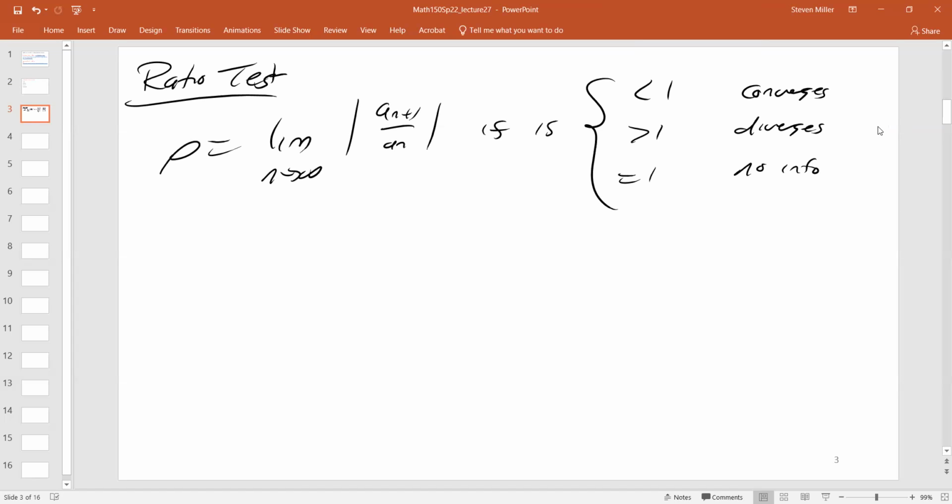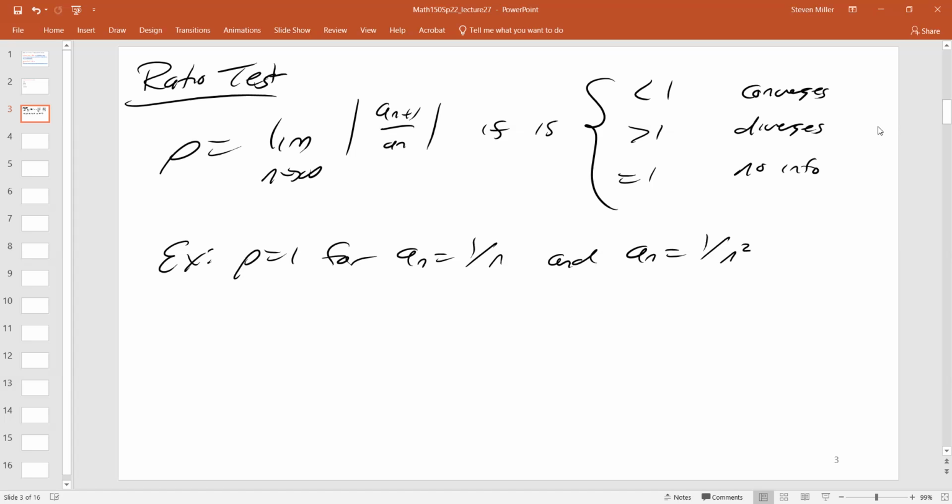And as an example, rho equals 1 for a_n equals 1 over n, and a_n equals 1 over n squared. So that's enough to show you that there really is no information. It could be that the proof that I give you says that we have no information as to whether or not it converges or diverges if rho equals 1.